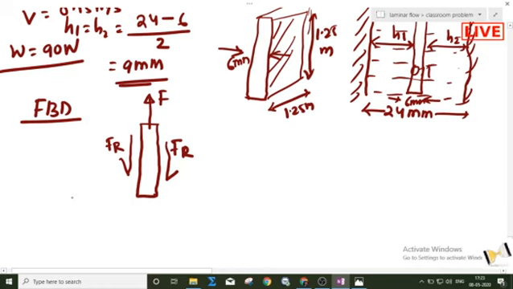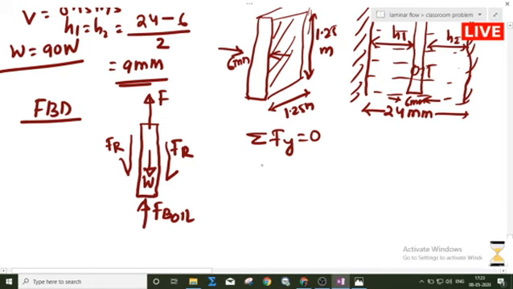Now what will happen? The weight of the plate is acting downward, and a buoyancy force will be created by this oil on this plate. Now if you write down, the net force at equilibrium will be equal to 0.